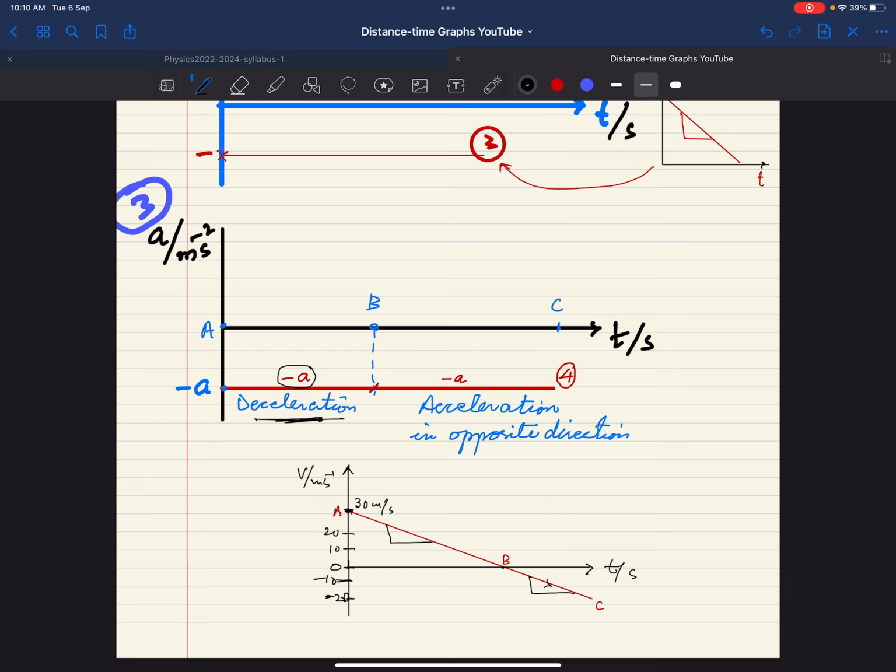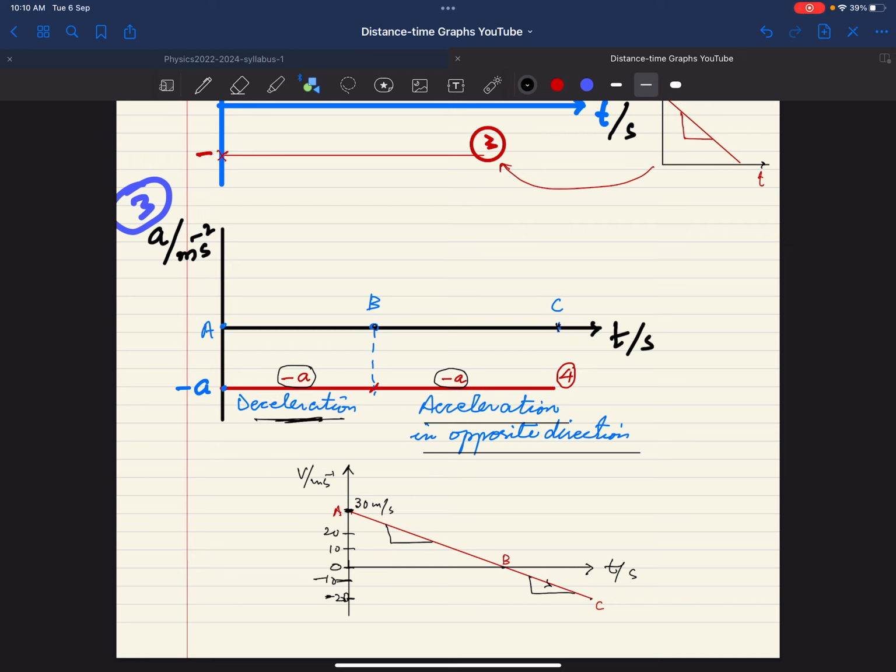So from B to C, the negative velocity is increasing. Here this negative acceleration from point B to C is showing you that you are getting acceleration in the opposite direction.